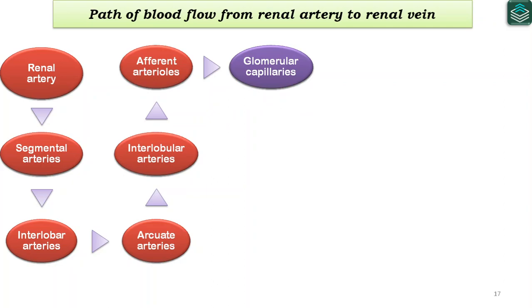Each nephron receives one afferent arteriole, which divides into a tangled ball-shaped capillary network called the glomerulus. The glomerular capillaries then reunite to form an efferent arteriole.